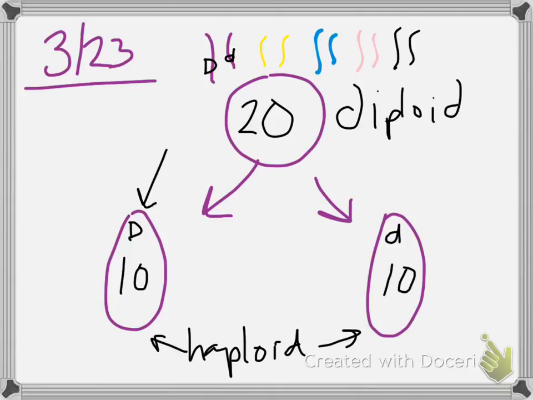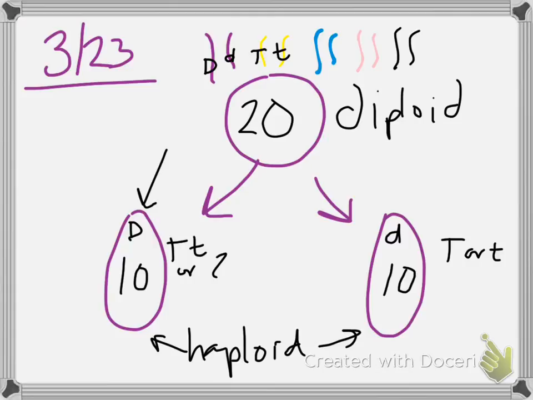It's also, if we say that there's a big T and a little t on that chromosome, a 50-50 shot that this egg will either get a big T or a little t. We don't know. And this one could get a big T or a little t. It's called independent assortment. And what it means is that traits get all shuffled up.